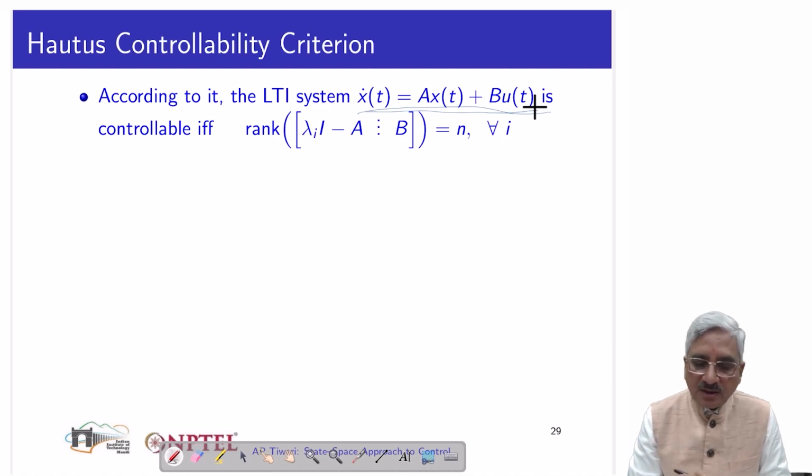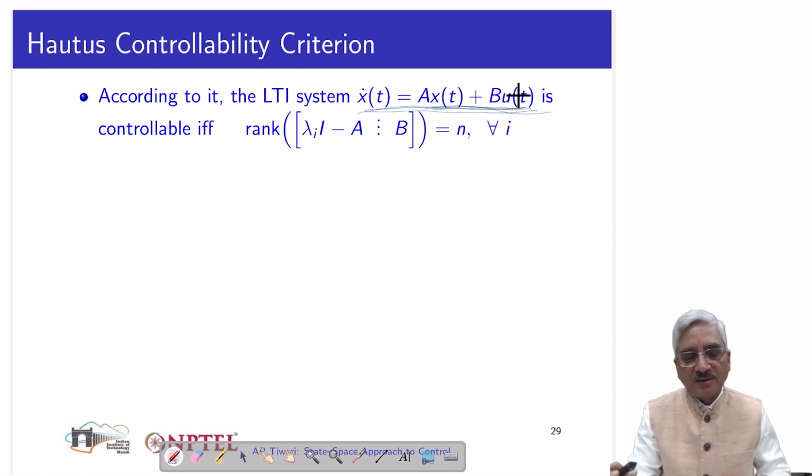And according to this criterion, the system need not be in any particular form. The A matrix can be in any form, need not be diagonalized, need not be made into companion form, etc.